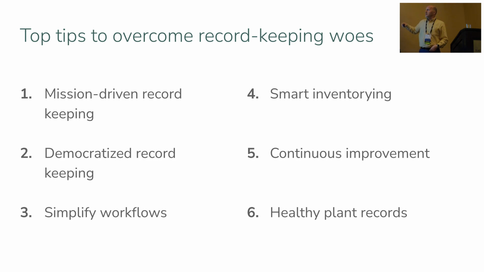The smart inventorying, as we mentioned, helps you to speed up in one way, but focus where it's most important, so you don't spend time on things that are less important. Continuous improvement, and then this healthy plant records.